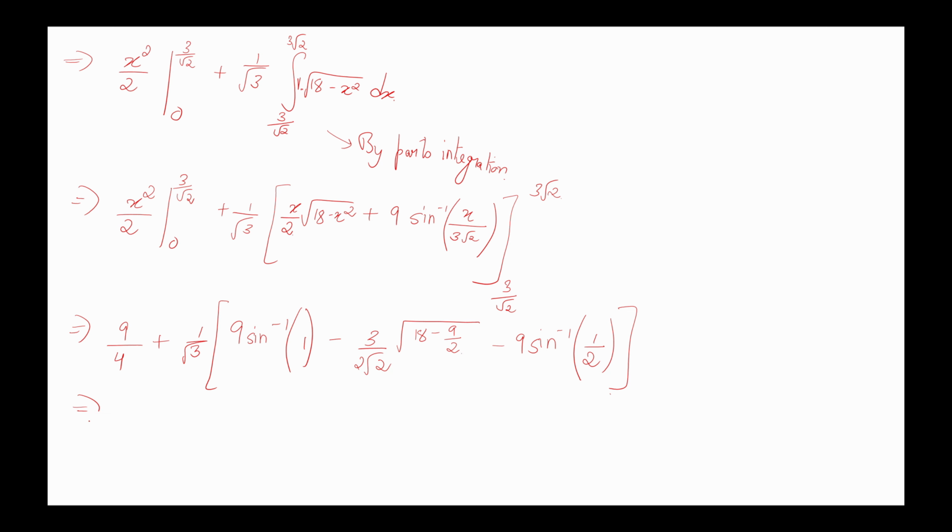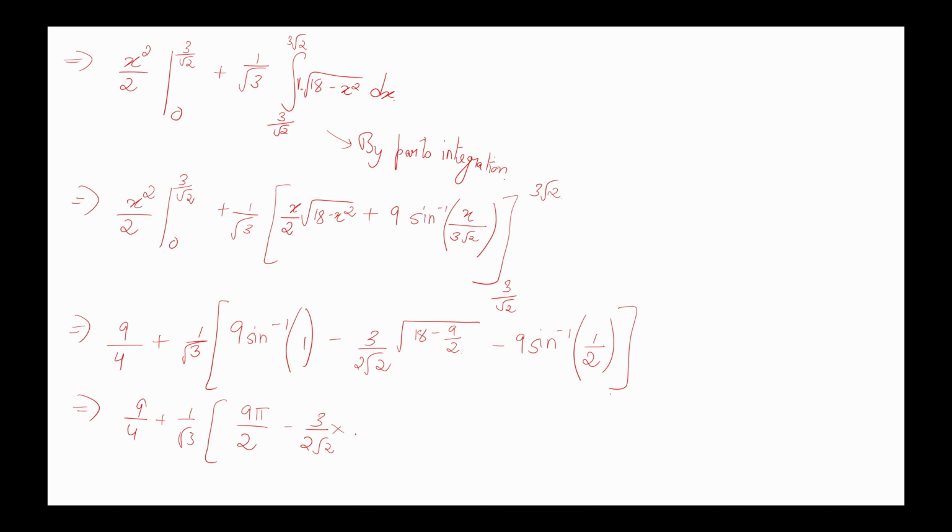Let us simplify this even further. What do we get? 1 by root 3. Sine inverse 1 is basically pi by 2, so we would have 9 pi by 2 minus 3 by 2 root 2, and 18 minus 9 by 2 becomes 36 minus 9 by 2, which is 27 by 2.